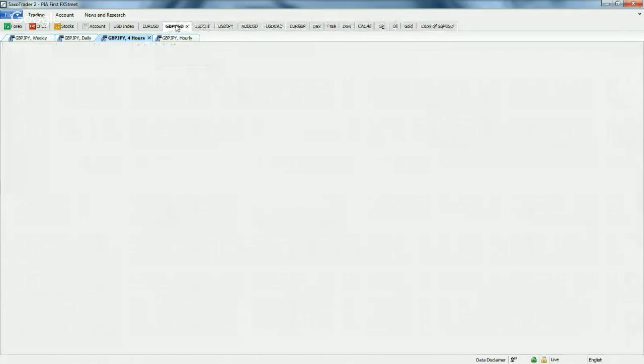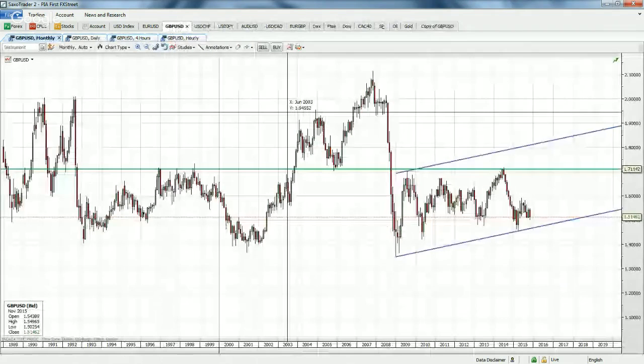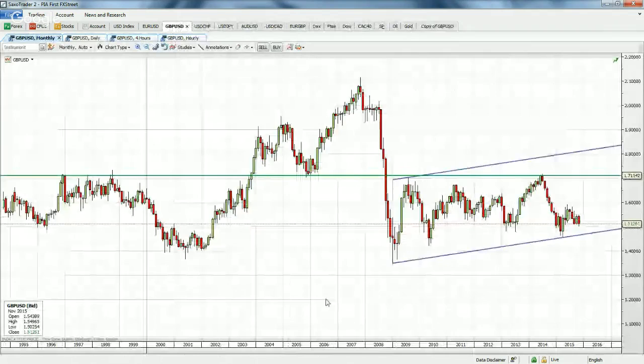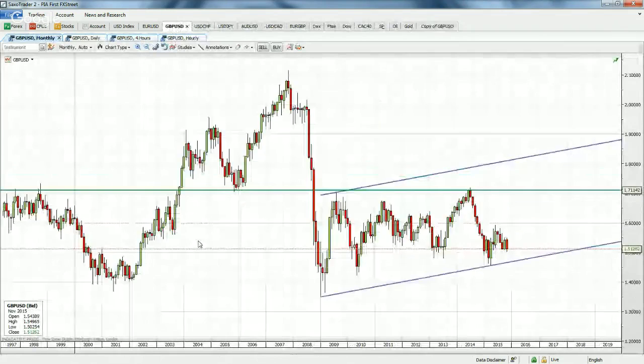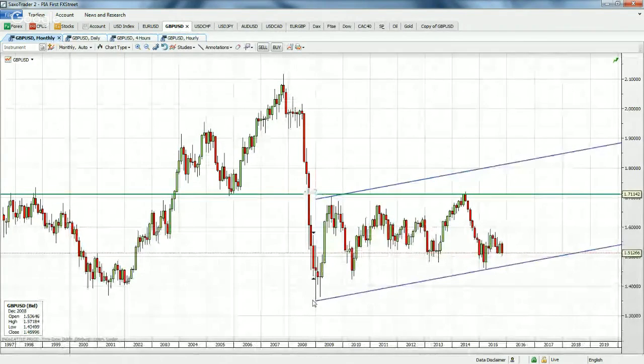Let's have a quick look at cable. We'll explain why our correlation looks pretty bearish for this pair. So we've got a medium term outlook, obviously an impulsive move to the downside, then corrective, very choppy wave patterns to the upside.